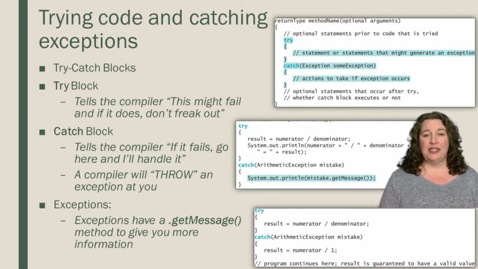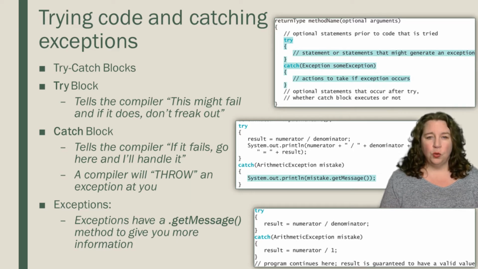The catch section is where you handle the exception. So an exception comes in, an index out of bounds. What do you want to do if an index out of bounds happens? This would be the case where you have an array of 15 strings and the user tries to enter the 16th string.